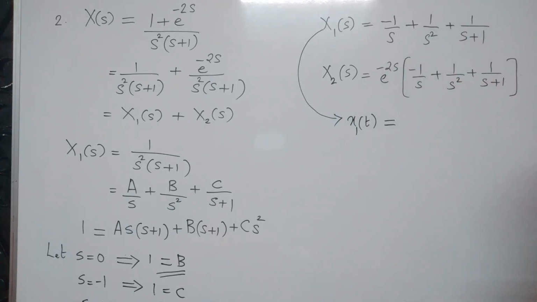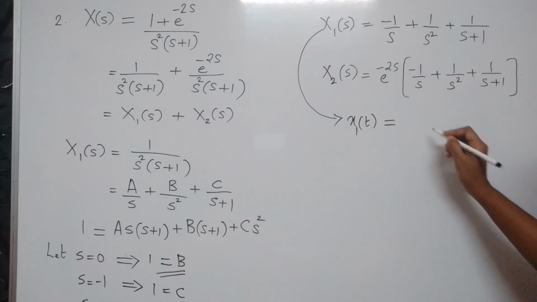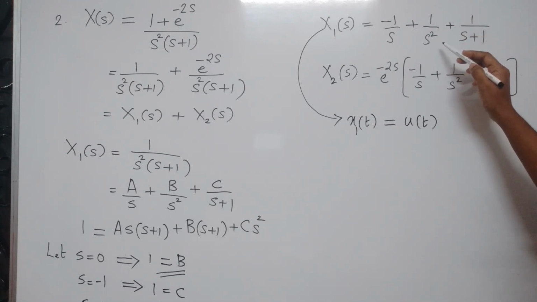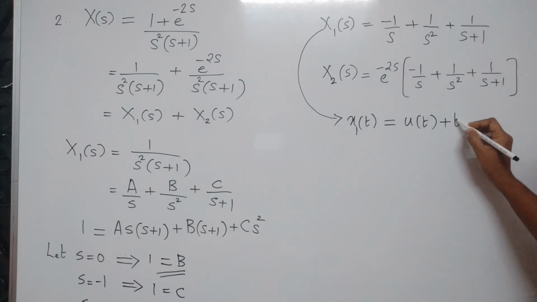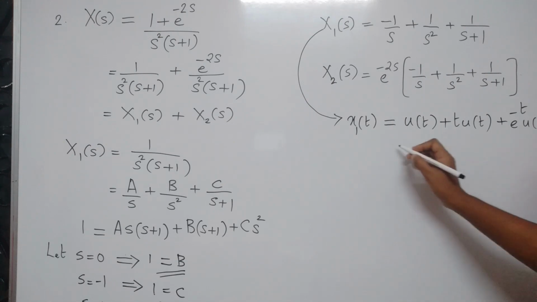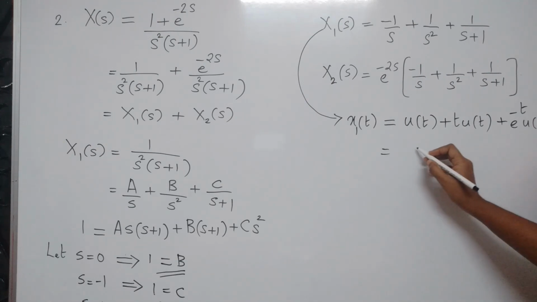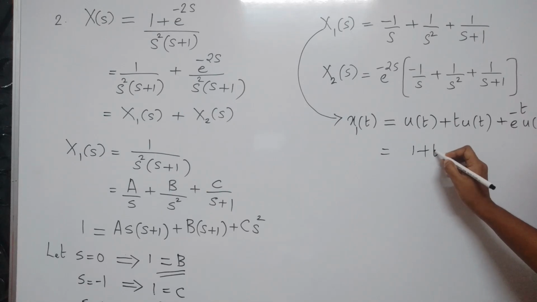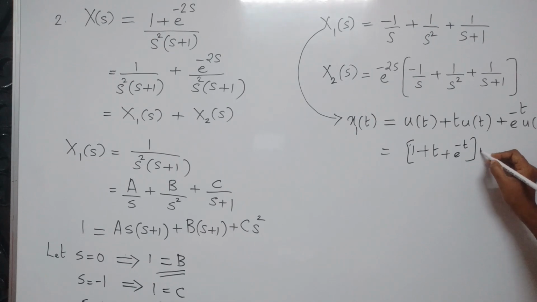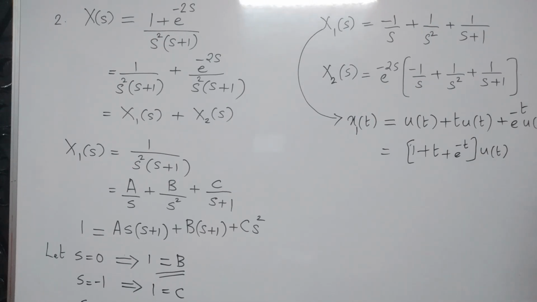Minus 1 by s. 1 by s is the standard form of u of t. So it is u of t. 1 by s square is the ramp function, which can otherwise be written as t into u of t. And 1 by s plus 1 is e raised to minus t u of t. Or we can take all the u of t outside. So 1 plus t plus e raised to minus t into u of t. This is X1 of t.